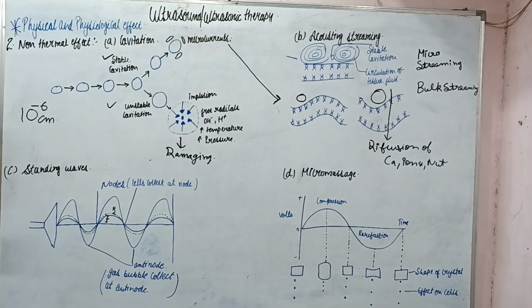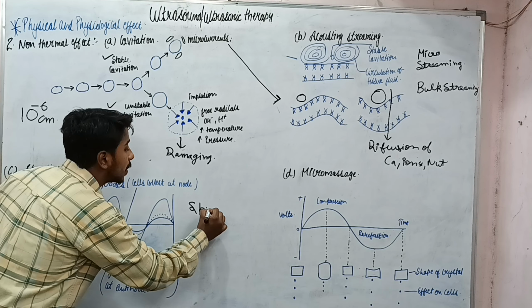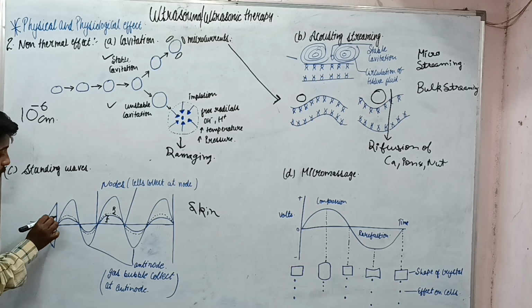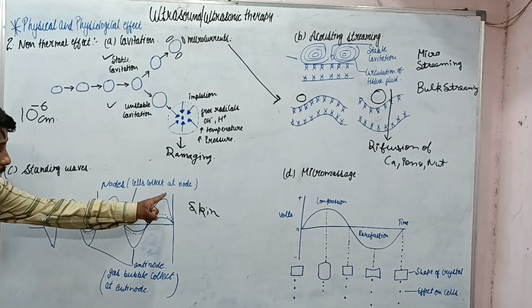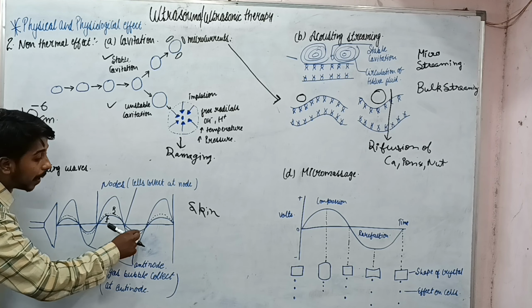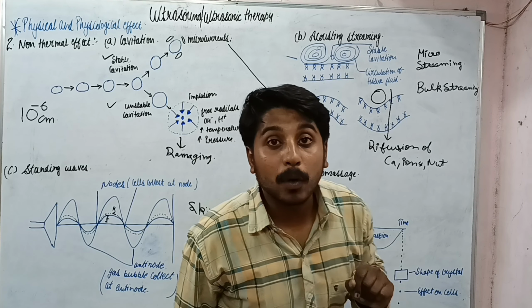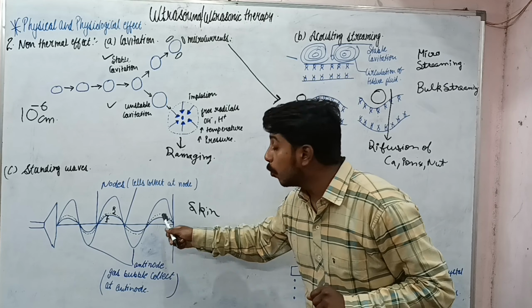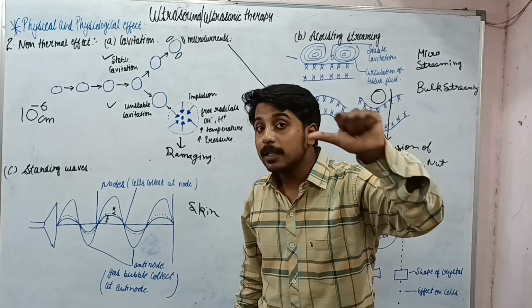I had already explained how standing waves are produced. This is the transducer head and this is the skin surface. So when the incidence wave, that is this blue one, is going and it strikes the skin surface, there occurs reflection of this wave. This black one is the reflected wave, and you need to focus on one thing, that these two, the incidence and the reflected wave, are in the same phase.